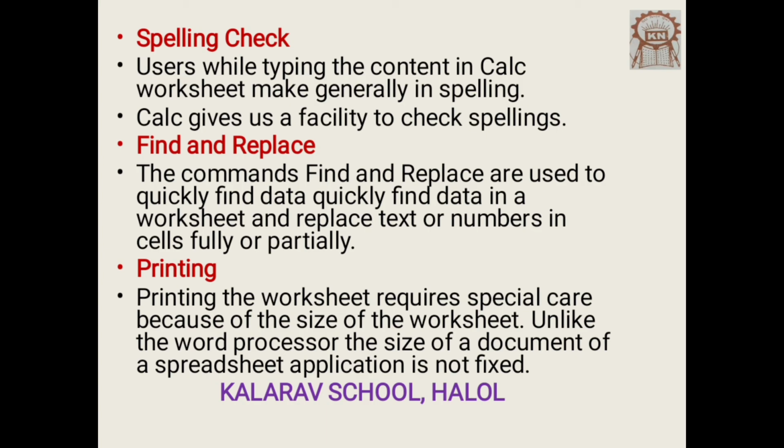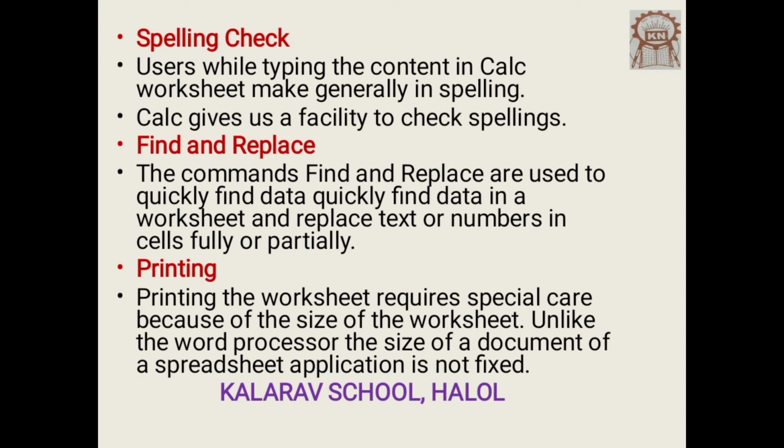It may so happen that the word is correct, such as your name, but it may not be there in the standard dictionary. In that case, your name may have a red underline too. To avoid this, you may add your name to the dictionary using the option Add to Dictionary.